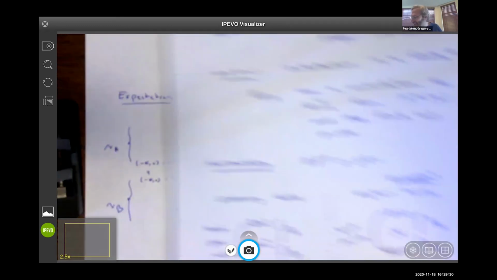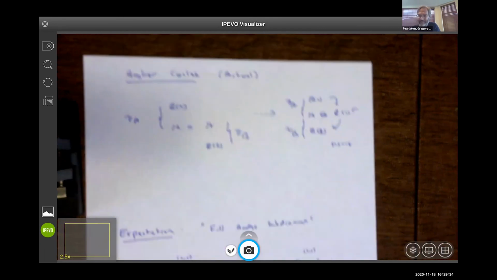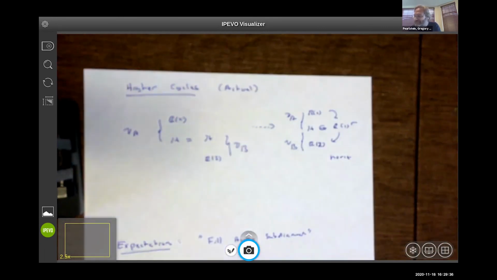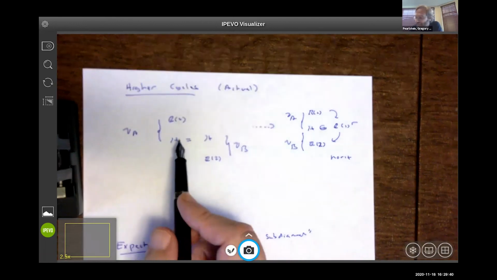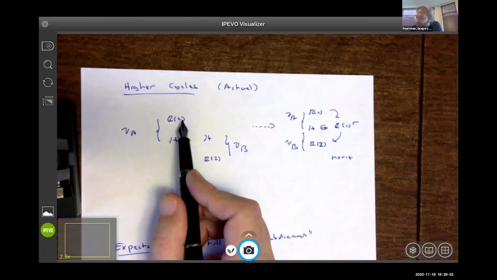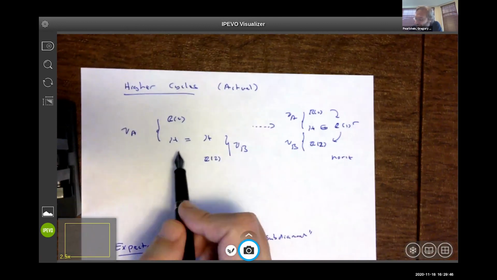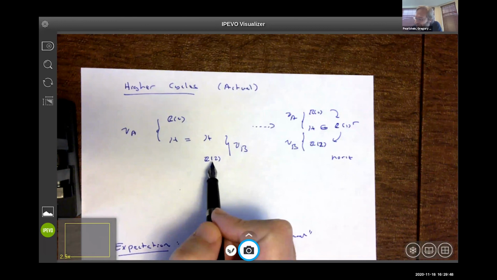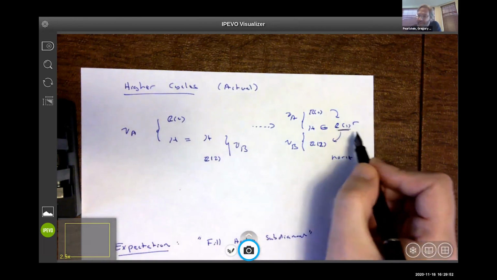So what I'm saying is, in actuality, I have these two normal functions that I'm trying to glue together, but when I glue them together, these cycles only intersect properly.